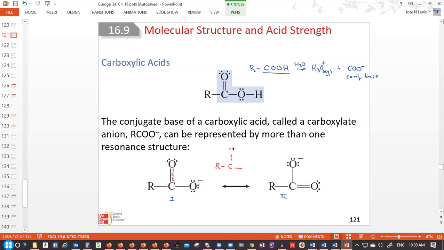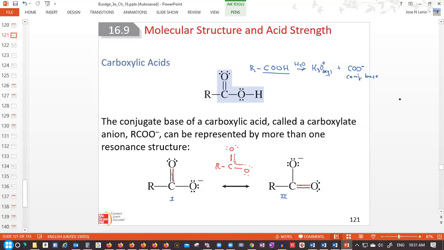So we have oxygen and oxygen there, and the pair of electrons can be either here or there. So that dots represents the delocalization of that charge, making it a very stable structure.